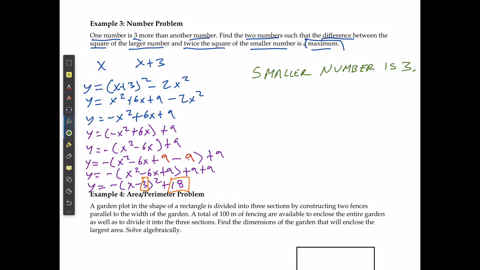The larger number was equal to x plus 3, and 3 plus 3 is going to equal 6. So the smaller number is 3, and the larger number is 6.